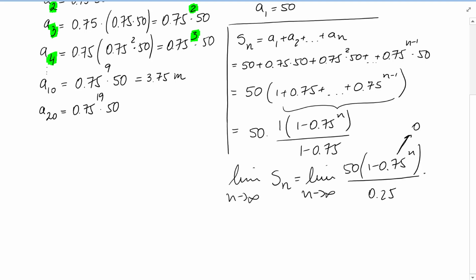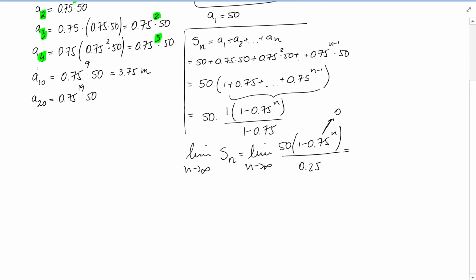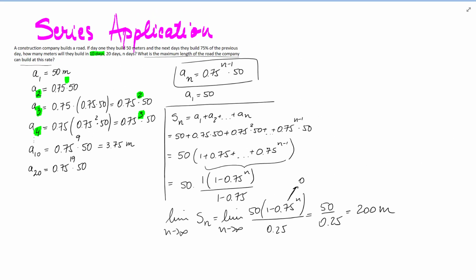This approaches 0 because 0.75 is less than 1. We end up with 50 over 0.25, which is 200 meters. So, using this rate of 0.75 of the previous day, the maximum length of the road that they can build is 200 meters.